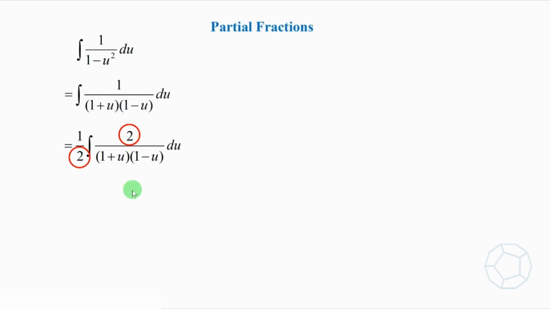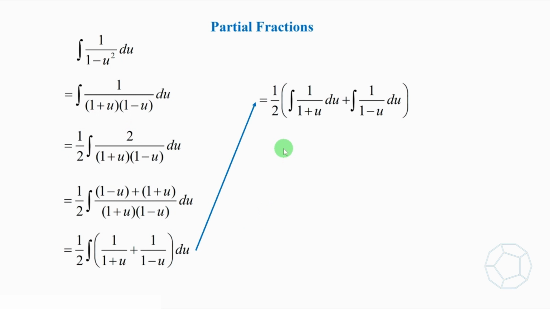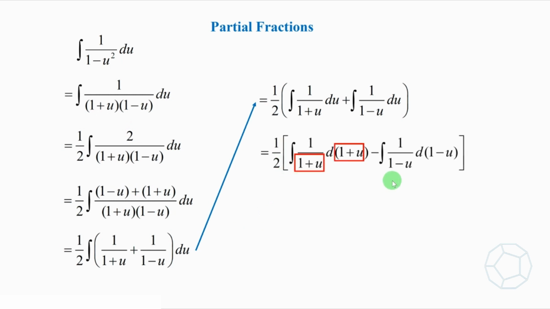Now, the 2 in the numerator can be written as bracket 1 minus u plus bracket 1 plus u. So we can change the integrand into 2 simpler ones, 1 over 1 plus u plus 1 over 1 minus u. Further separate the integral into 2, and then we change the differentials into 1 plus u and 1 minus u respectively.